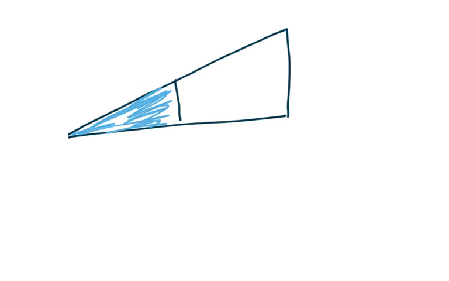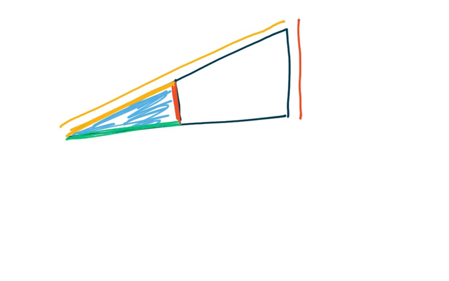So oftentimes this will be used when we know a shorter object, and then if you look at it and create a bigger triangle, then you can do that because the small triangle will be proportional to the bigger triangle. So in that case, this yellow side here would be equivalent to that yellow side. This red side here would be equivalent to that side. And this green side here would be equivalent to that side.